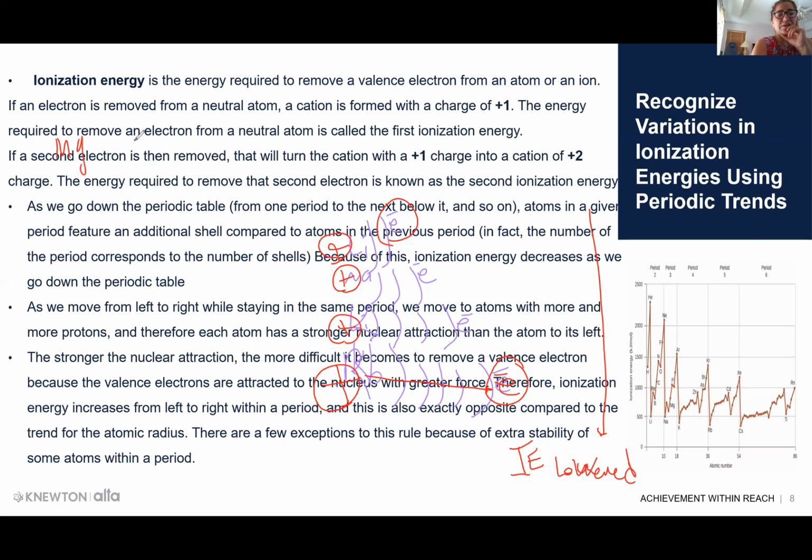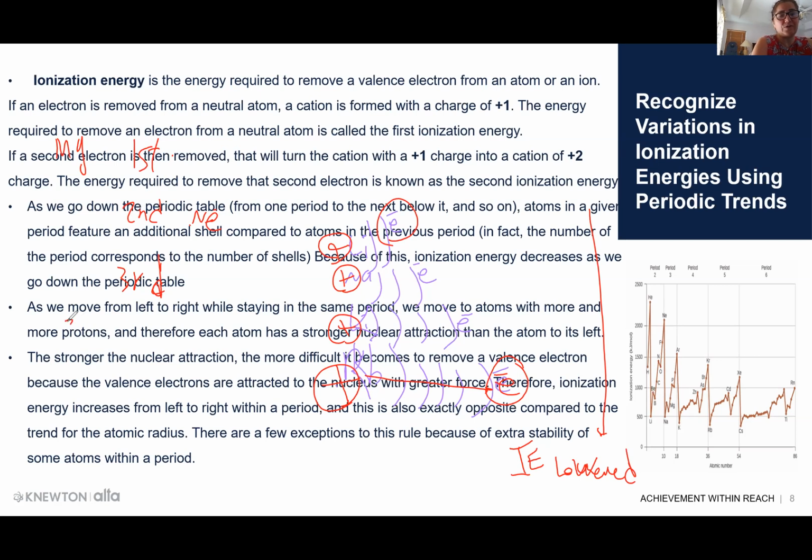You have the first ionization energy, then the second, and then the third. The first is some energy, the second is higher than the first, but the third is much higher than the second, because when it gets to the second ionization energy, now you have neon. It looks like neon. Removing an electron after the second, so the third ionization energy is going to be very high compared to the second one.